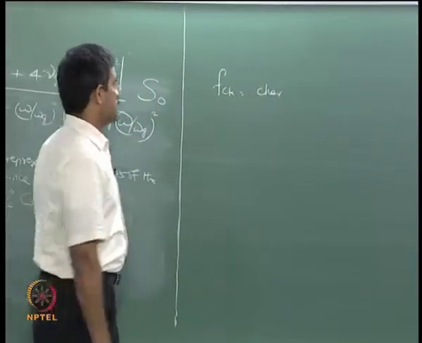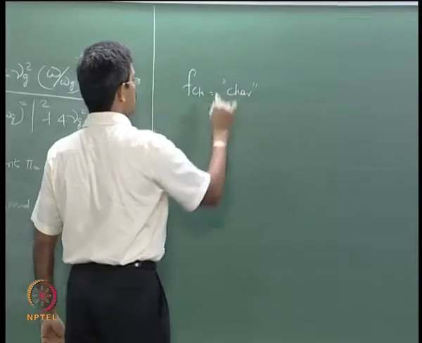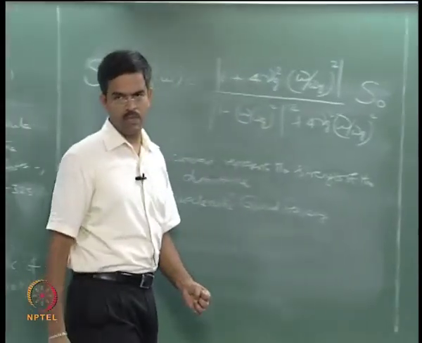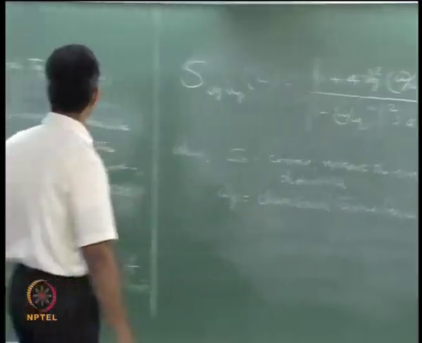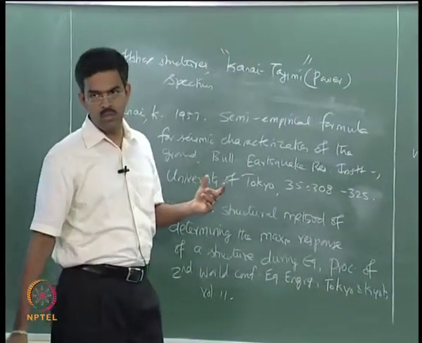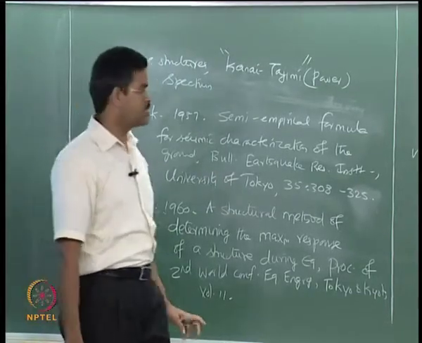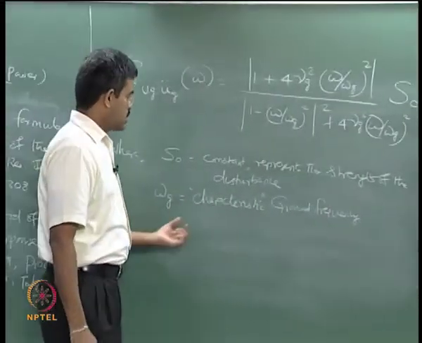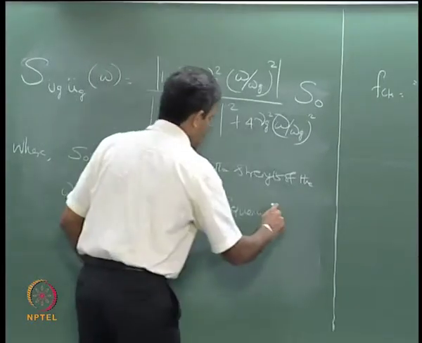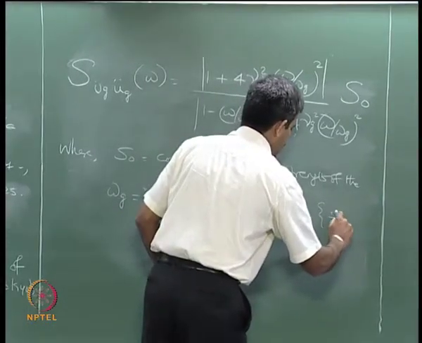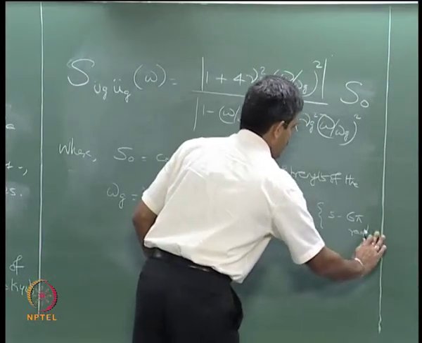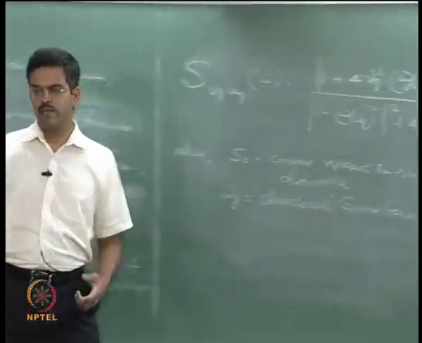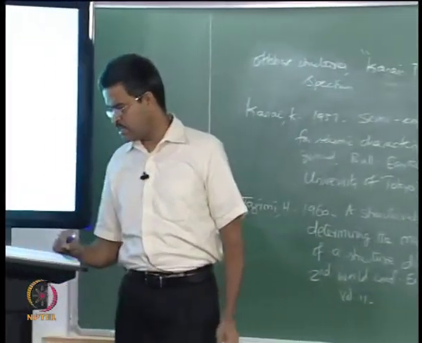It means it has got a specific definition. What do you mean by a characteristic strength? Okay. In statistical terms, I am looking at this because I am assuming that this is a non-zero Gaussian process, okay, in statistical terms. So, omega g is a characteristic ground frequency ranging from 5 to 6 pi radians per second, that is the range.